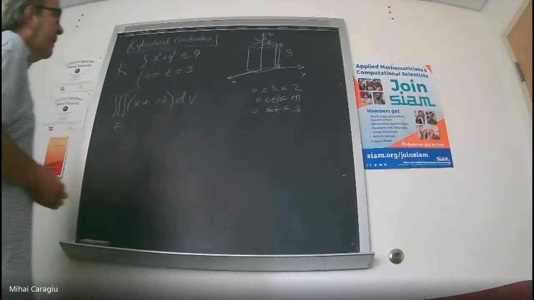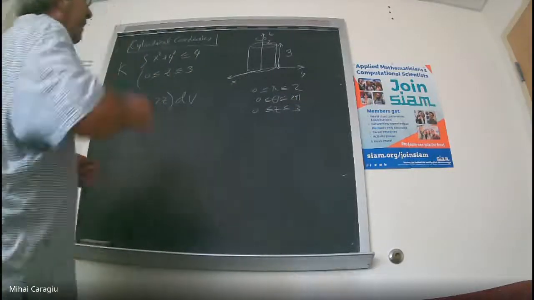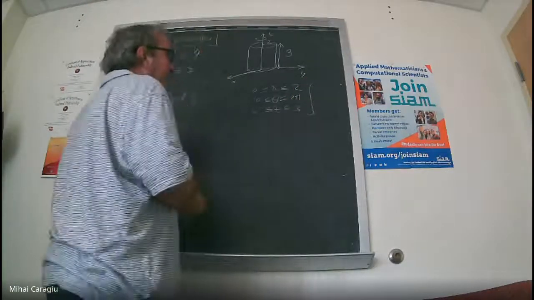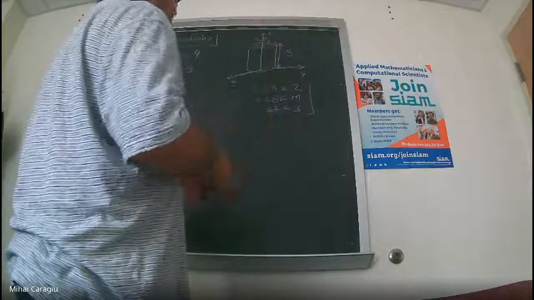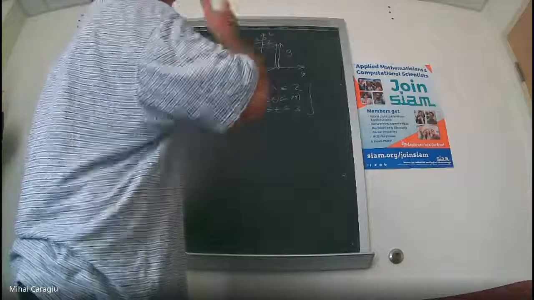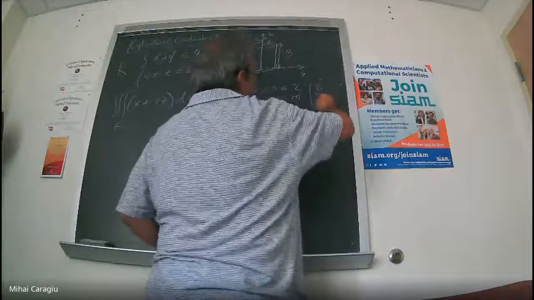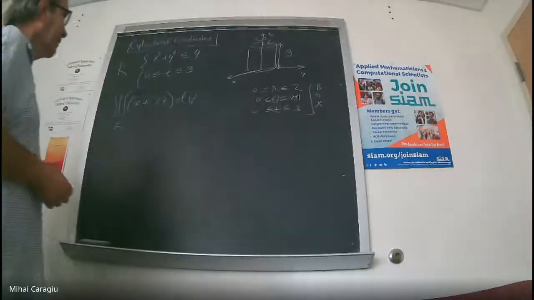So in cylindrical coordinates, this solid cylinder is a box. It's one of the big advantages of integrating using cylindrical coordinates over solid cylinders or parts of cylinders. It's a box in cylindrical coordinates.